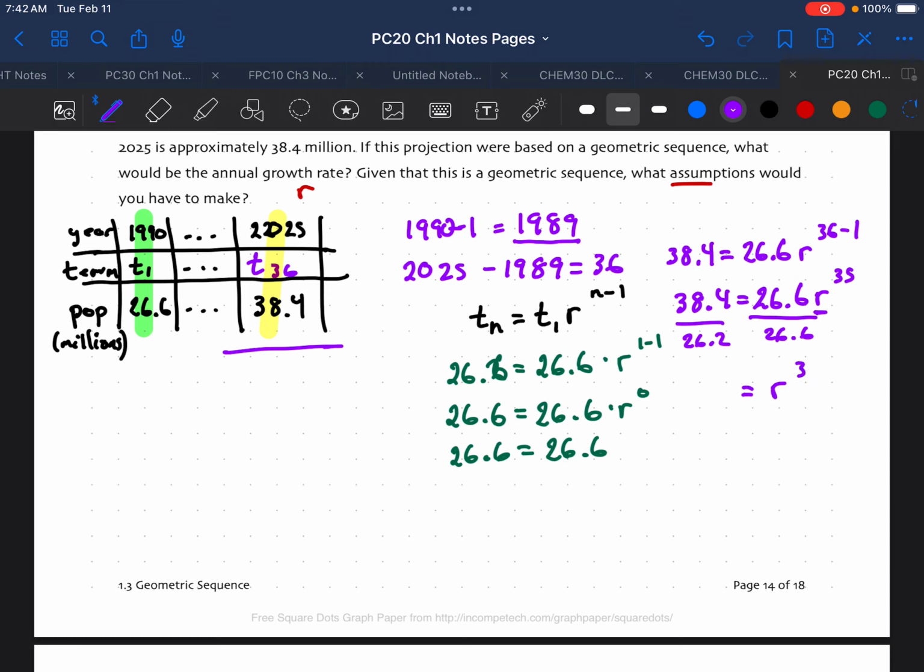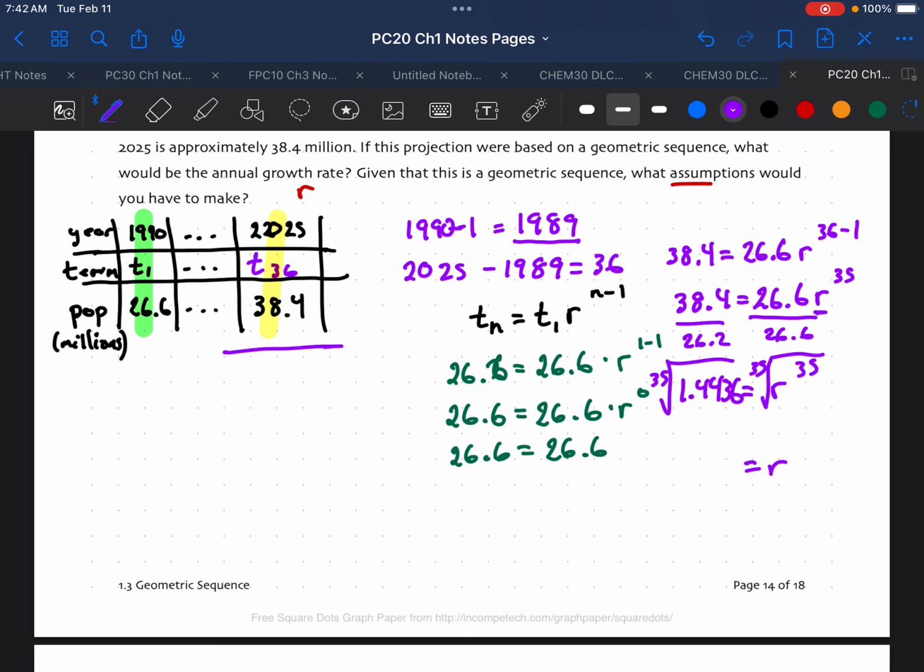So r to the power of 35 is equal to 1.4436. Now, to solve this, we need to do the 35th root of this to get r by itself.